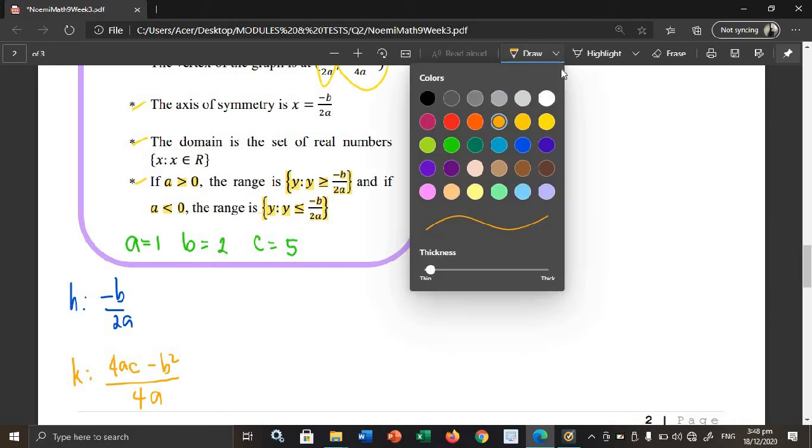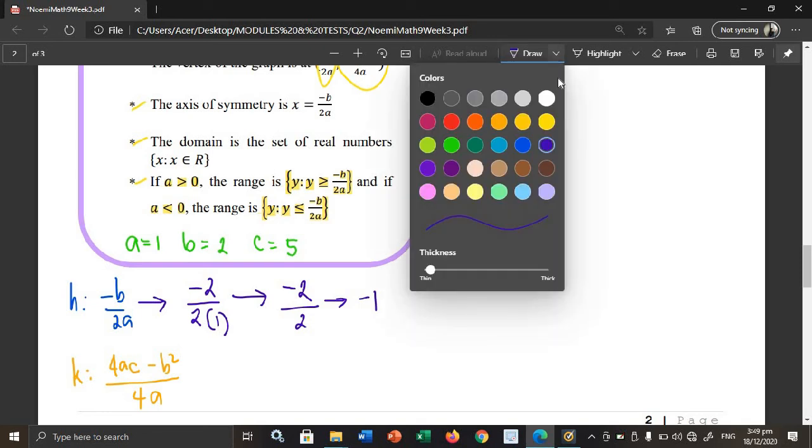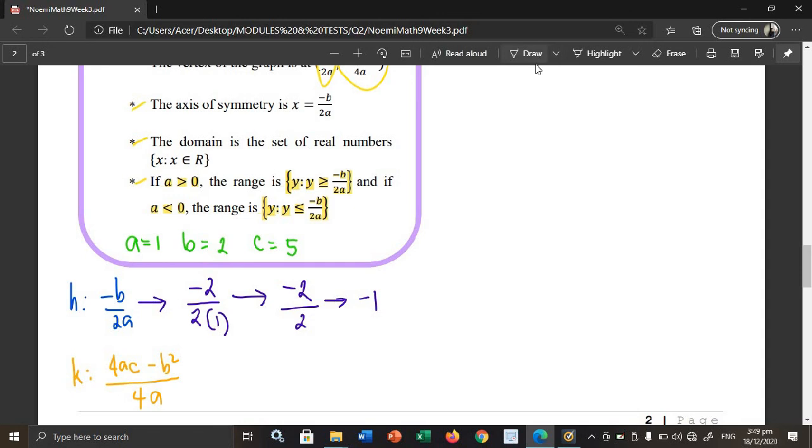Okay? So, first, let's solve the value of your h. So, the value of your h is negative, and then the value of b is 2. So, we have negative 2 there, all over 2 times the value of your a, which is 1. So, now we have negative 2 all over 2 times 1, that is equal to 2. Negative 2 over 2, that is simply negative 1. Okay, so yun na yung value ng h mo. You have now negative 1.